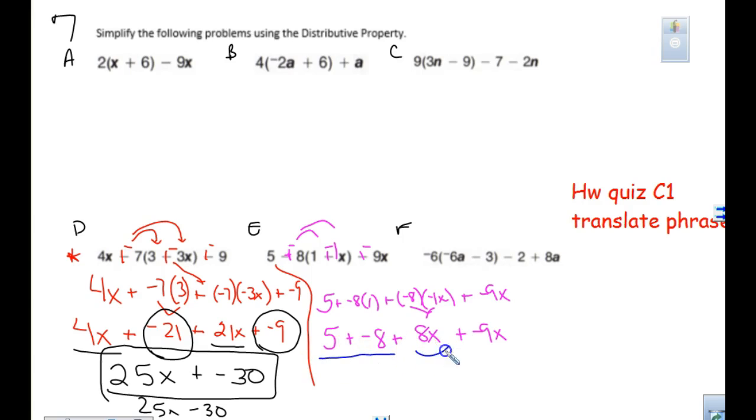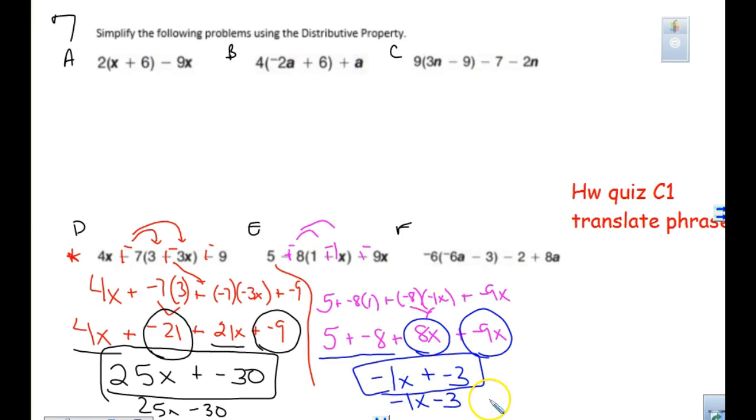And then I have 8x and a negative 9x, which when I add those gives me a negative 1x plus negative 3. Could I have negative 1x minus 3? Same answer. Could I have negative x minus 3? All of these answers I would take as being the correct answer, okay?